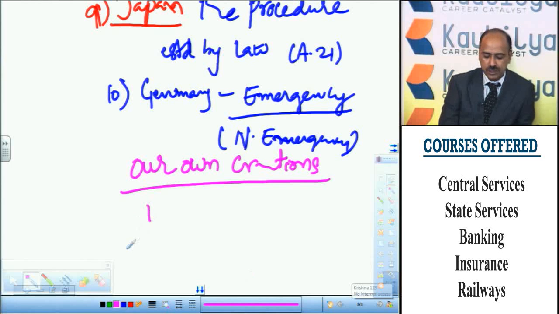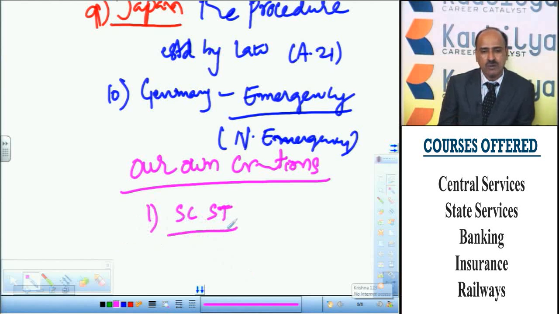Special protection to the SC/ST category, that is our own creation. Reservations were first implemented in our country; India did not implement reservations during the Britishers' time. SC/ST protections are our own creation.